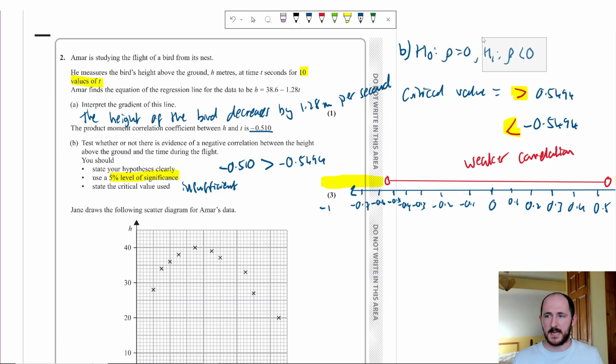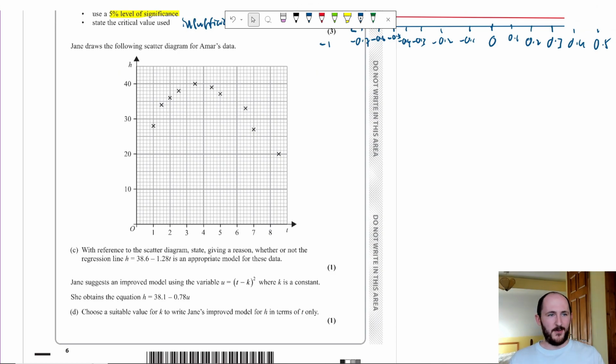We never say reject H1. You used to be able to get away with that, now you can't. So in this case, we say there's insufficient evidence to reject the null hypothesis, or insufficient evidence to support the claim that there is negative correlation between the height above the ground and the time during the flight. And you do have to word it that way. God, man, I love stats, don't you? How specific with the wording you have to be.